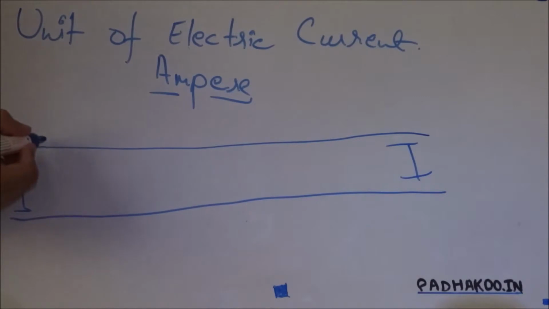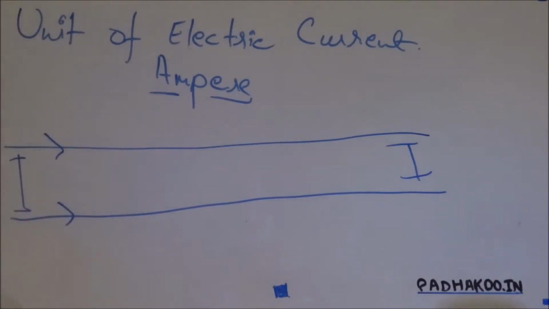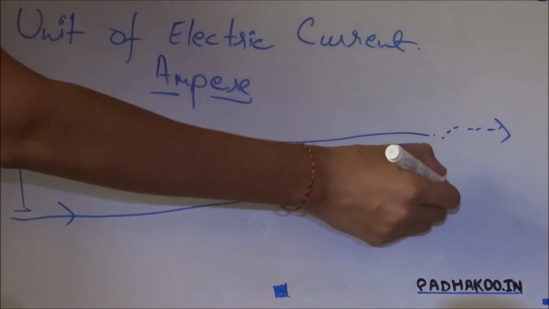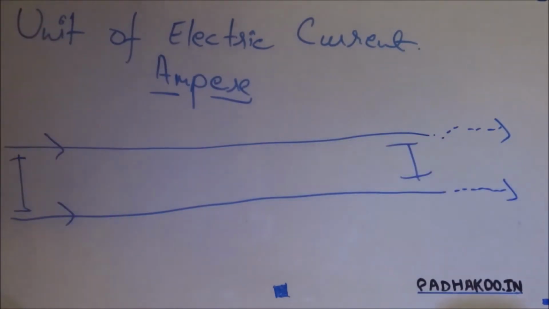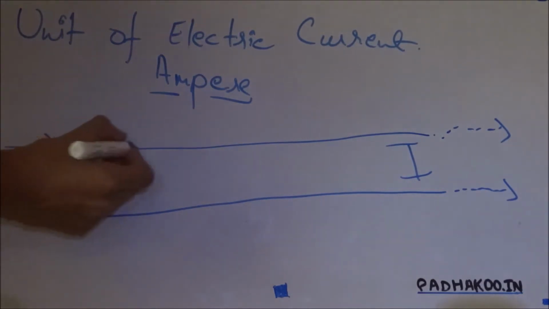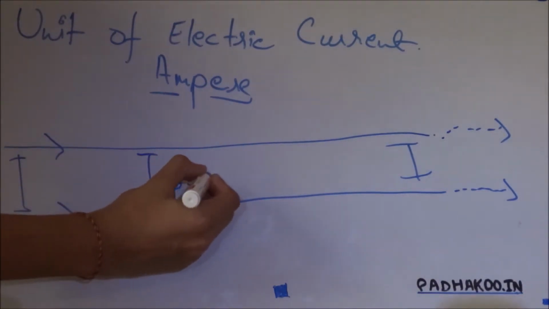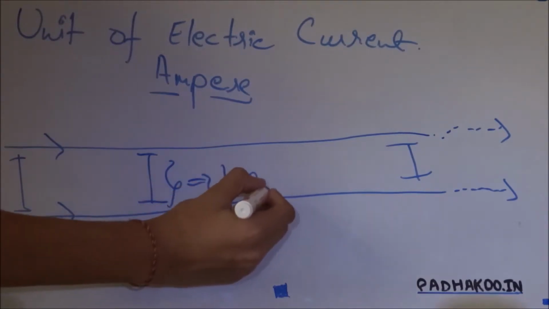Both are current carrying conductors of infinite length. This is just theoretical, not possible practically. How can you bring infinite length? Kept 1 meter away, so the distance between these two is equal to 1 meter.